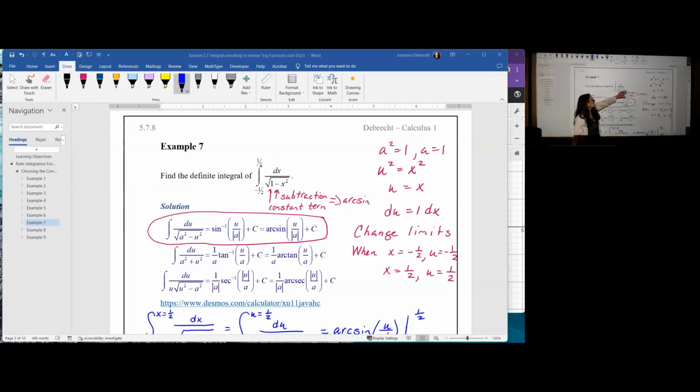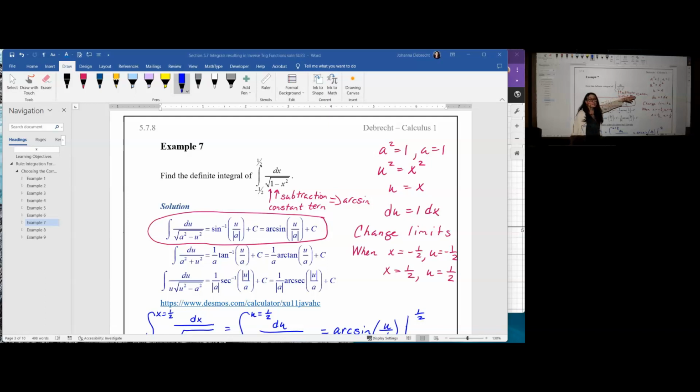I first noticed that I had something in the denominator under the radical that looked like a Pythagorean identity. And I knew then, because of the subtraction, it was either going to be arcsine or arcsecant. Then I noticed that the constant term showed up first and the variable term was subtracted.